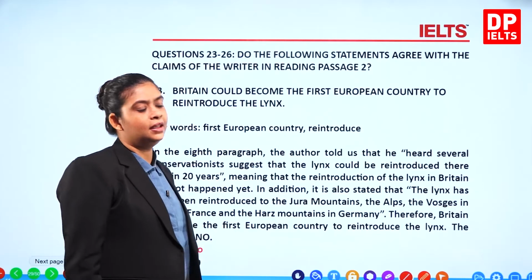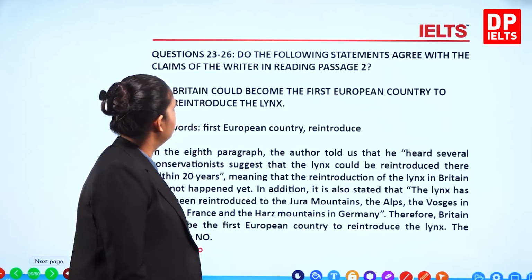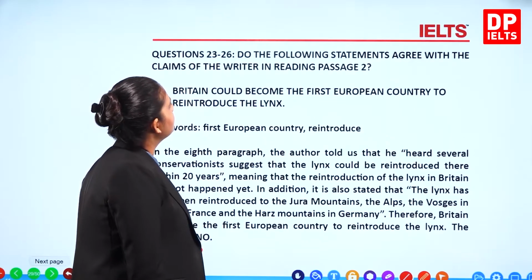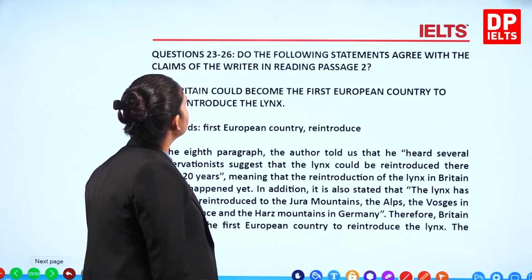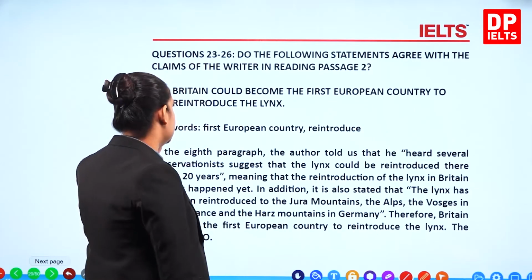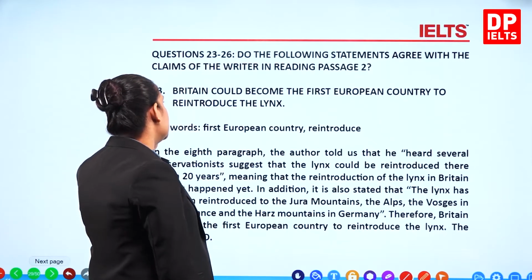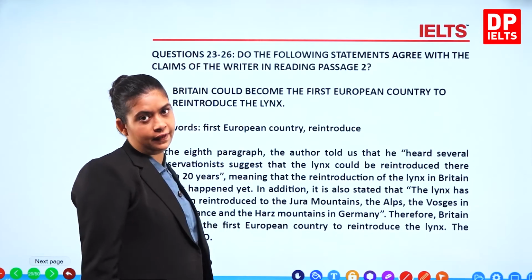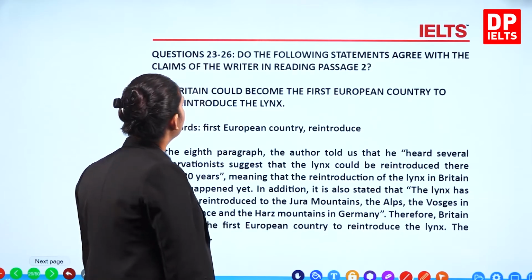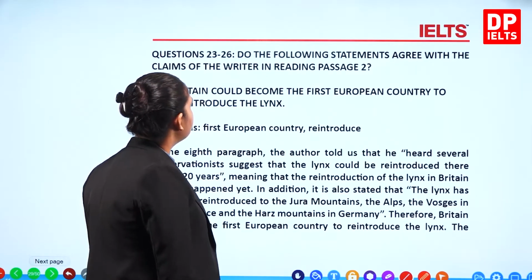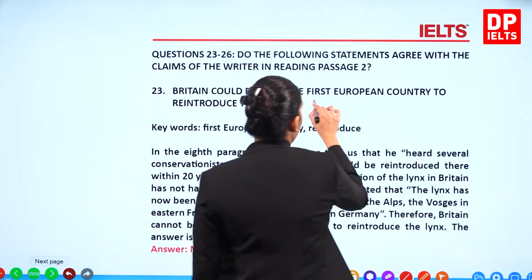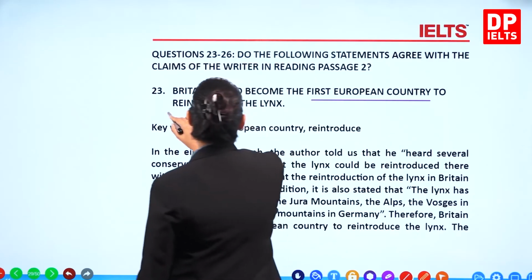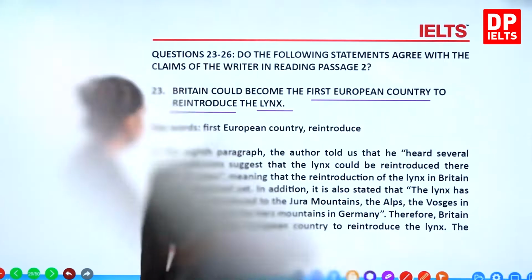Questions 23 to 26. Do the following statements agree with the claims of the writer in reading passage 2, right? So you have to say yes, no, or not given. Britain could become the first European country to reintroduce the lynx.